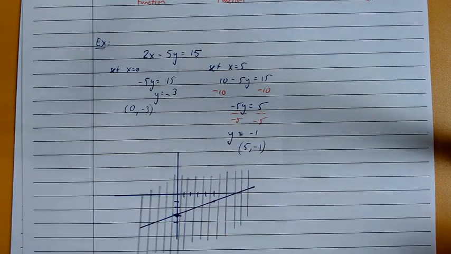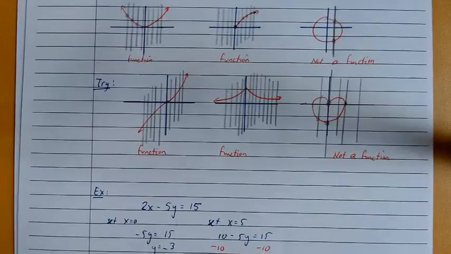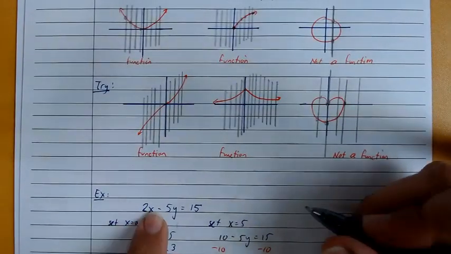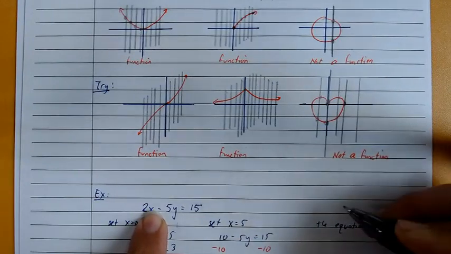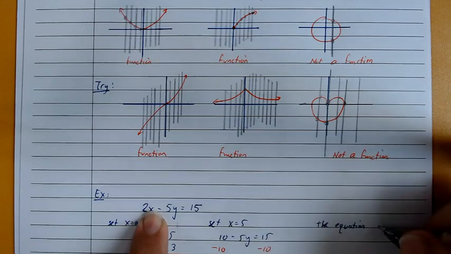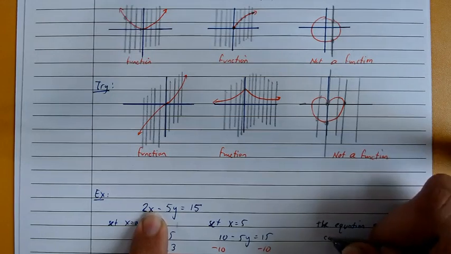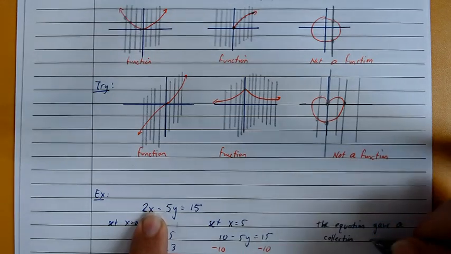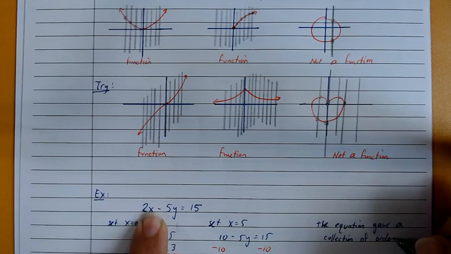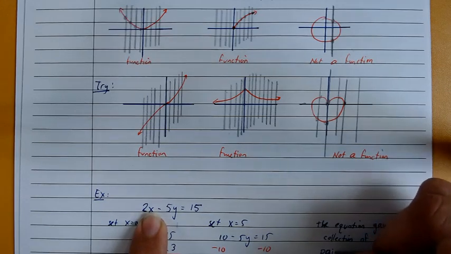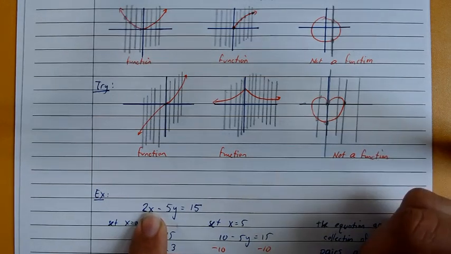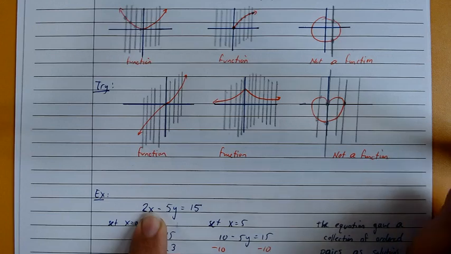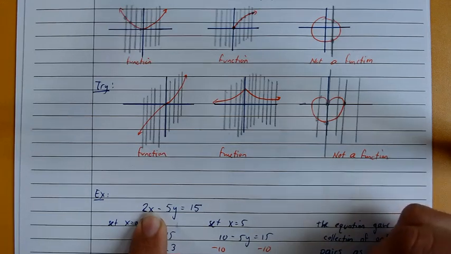Now that's a lot to say, right? Let me go ahead and write that down. Formally, what happened is the equation gave a collection of ordered pairs as solutions as seen on the graph.